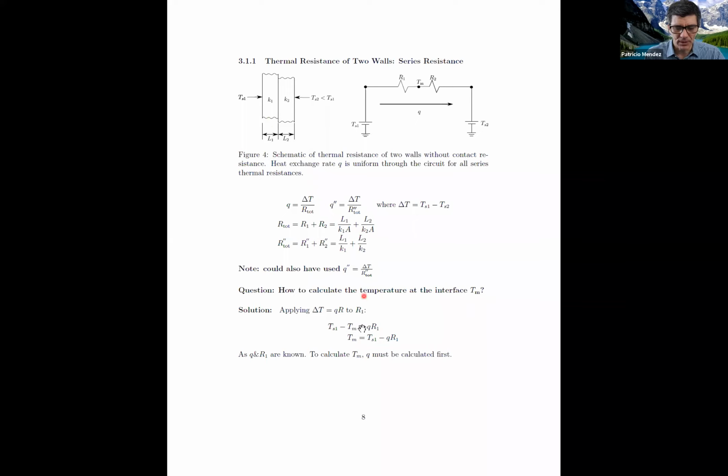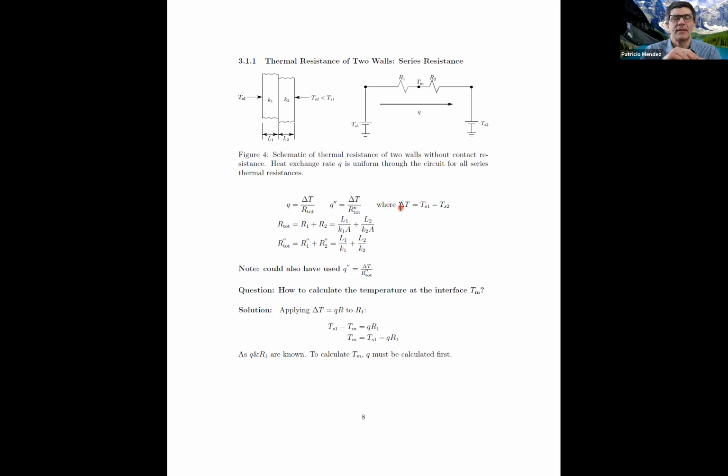So from here, I can solve for Tm. If I wanted, I could have done the same with wall 2 and do Tm minus Ts2, and that equals the resistance of wall 2 times the heat flow that we know, because we just calculated it.